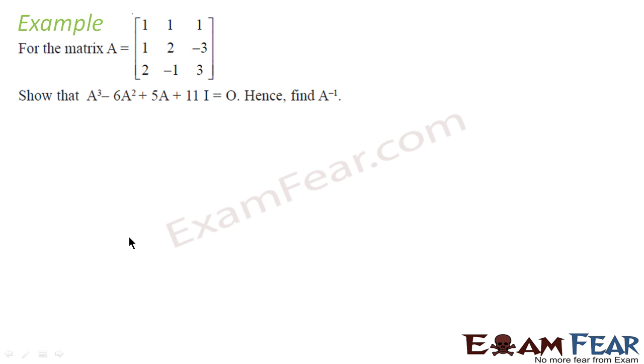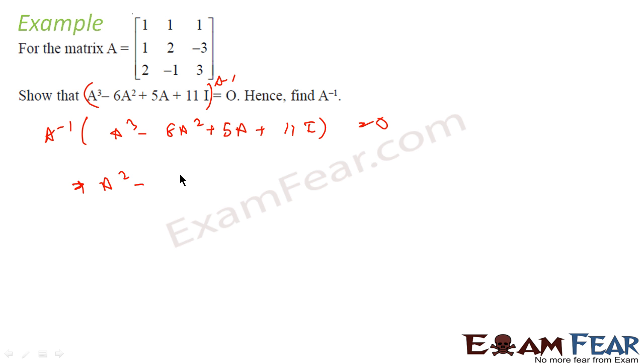Almost similar question. Here also we can do the same thing and find A cube, 6A square, 5A and prove that it is equal to 0. And to find the value of A inverse, what we can do is multiply both sides by A inverse. So we get A inverse into A cube minus 6A square plus 5A plus 11I is equal to 0, or I get A square minus 6A, because 6A square into A inverse is 6A, plus 5I plus 11A inverse is equal to 0.